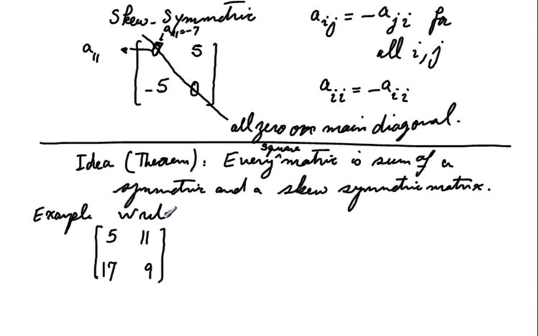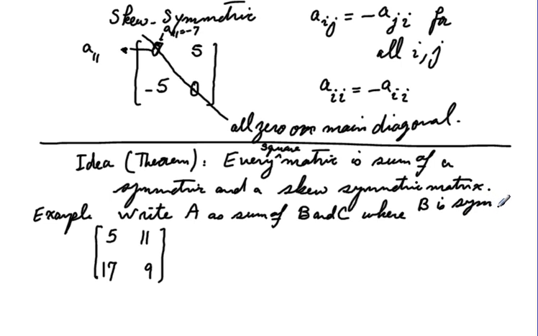Write A as the sum of B and C, where B is symmetric, C is skew-symmetric.